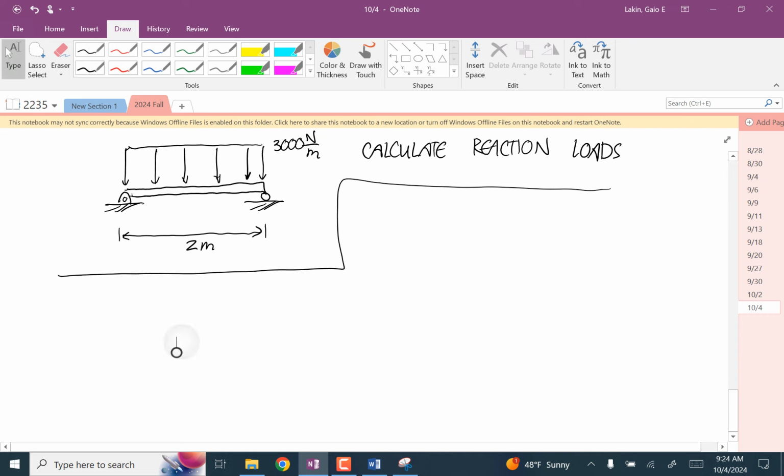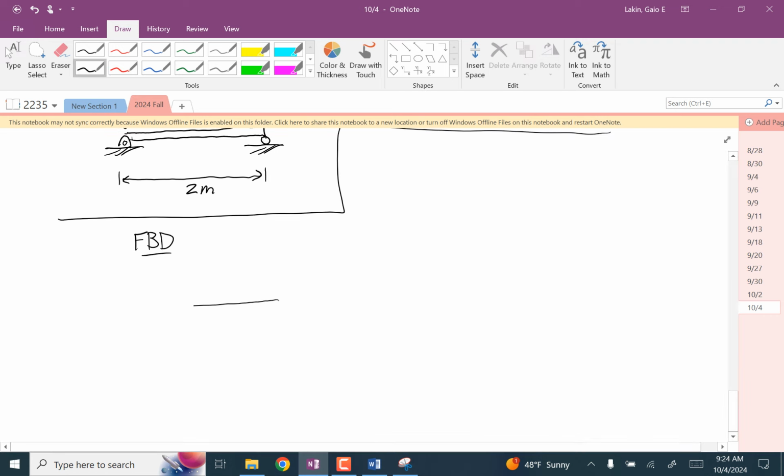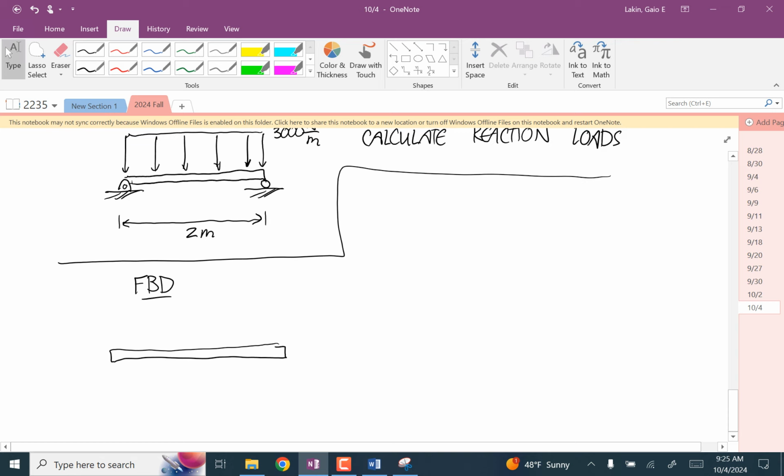Okay, so start with a free body diagram. The roller on the right, that force is perpendicular to the surface.